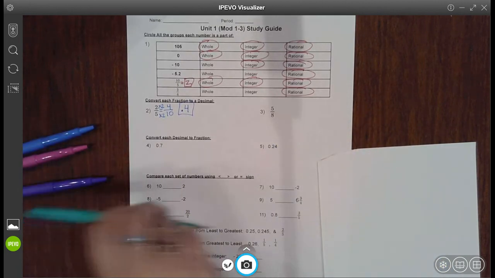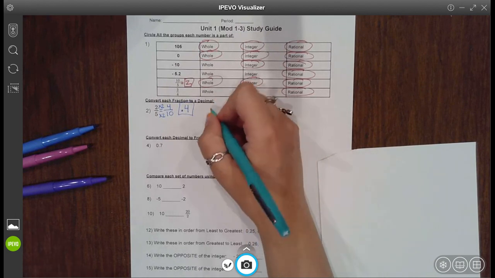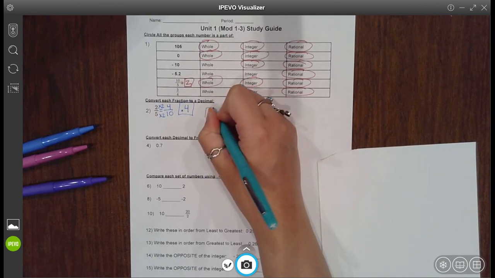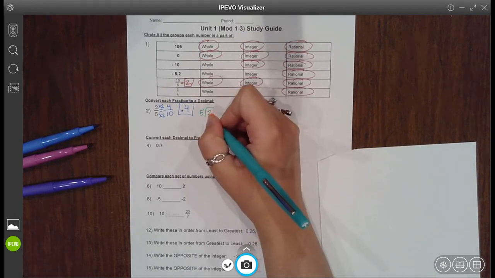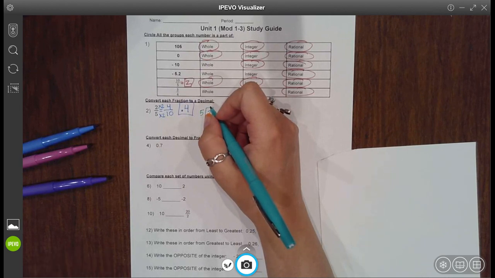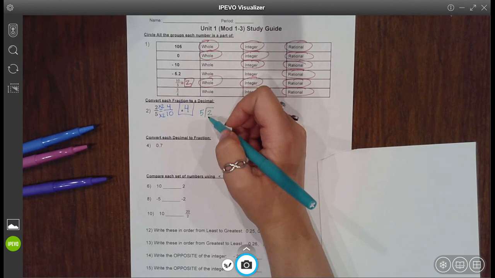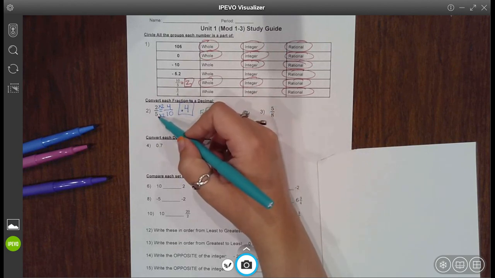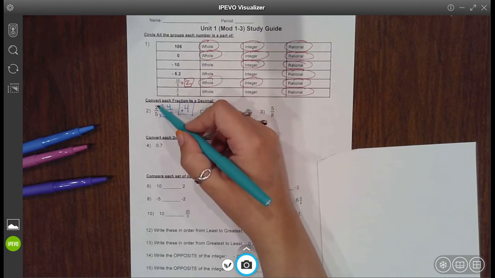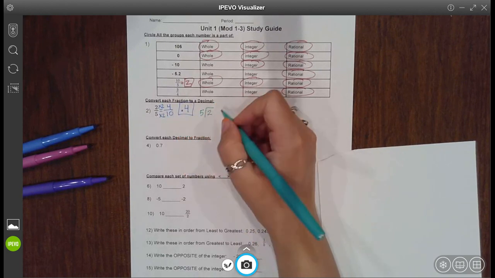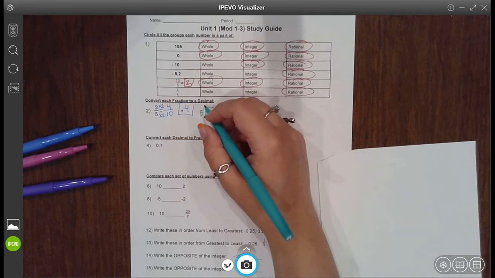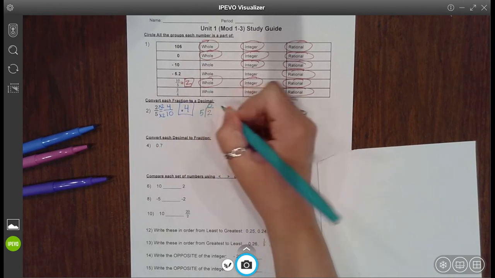But of course, the way that always works is if you take the top number and divide it by the bottom, you can convert a fraction to a decimal. Remember, top dog always goes inside the house, or in and out, like the restaurant, in and out: inside the house, outside the house. So 2 goes inside, 5 goes outside. 5 can't go into 2, goes in 0 times.